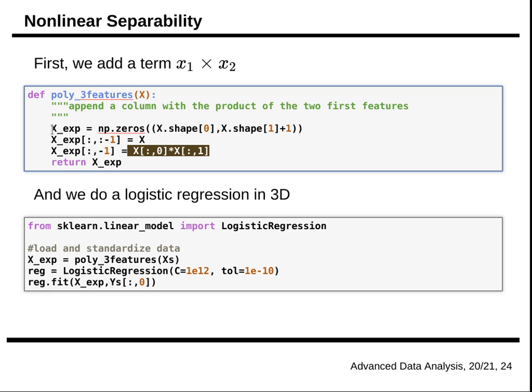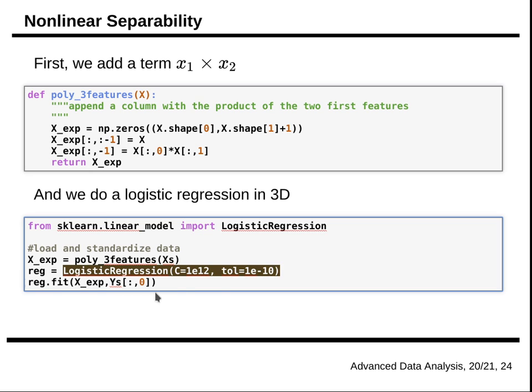And now we have our data in 3 dimensions. We have the original two features plus the product of the two features. So we increase the dimensionality of the features.